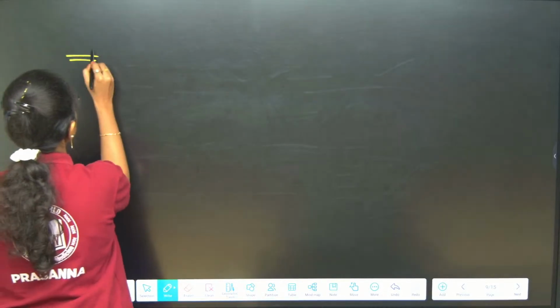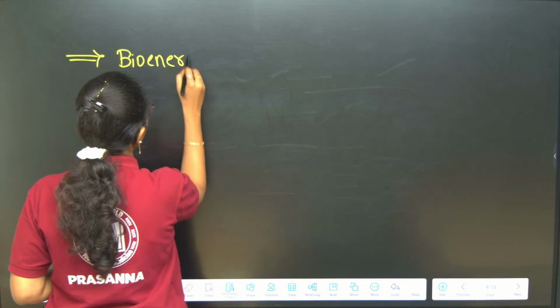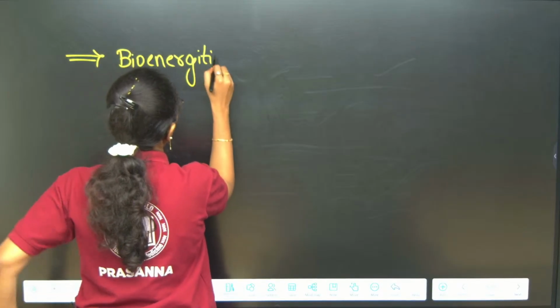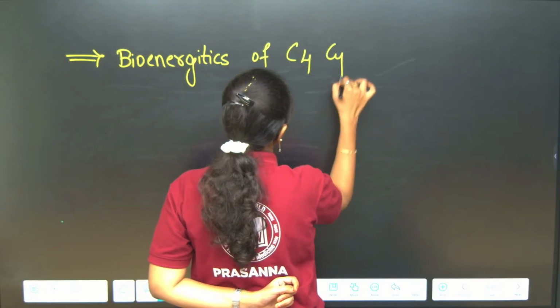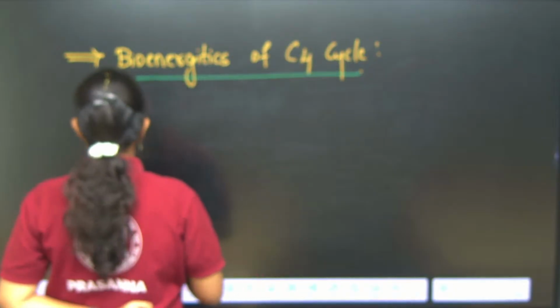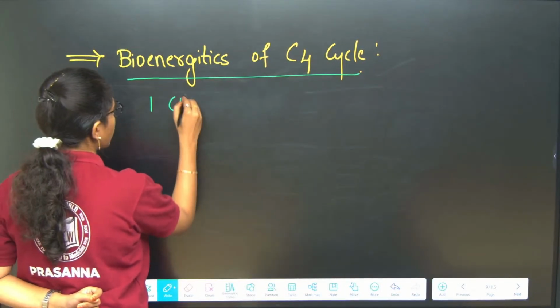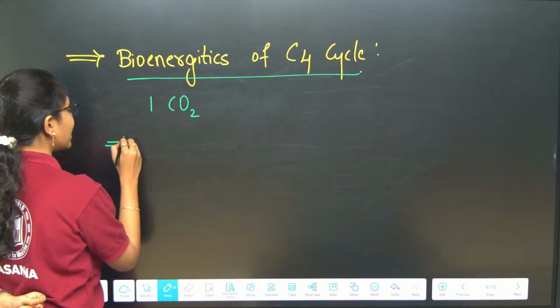So, here let us look into the bioenergetics of the C4 cycle. Fine, let us look into that. First, for 1 carbon dioxide fixation, how much ATP is utilized?